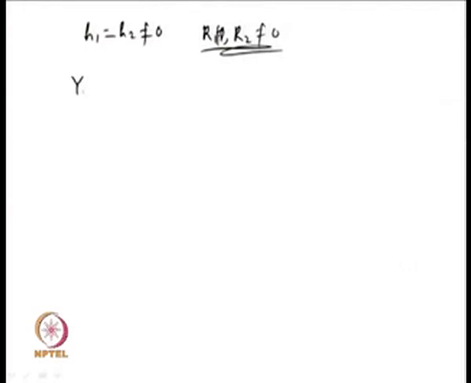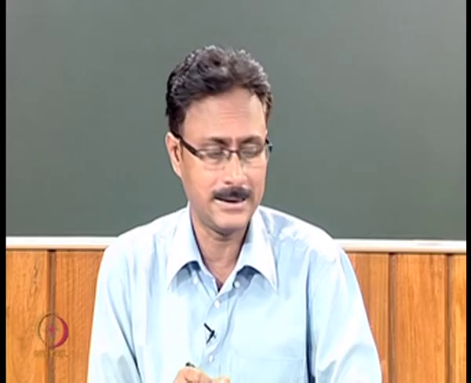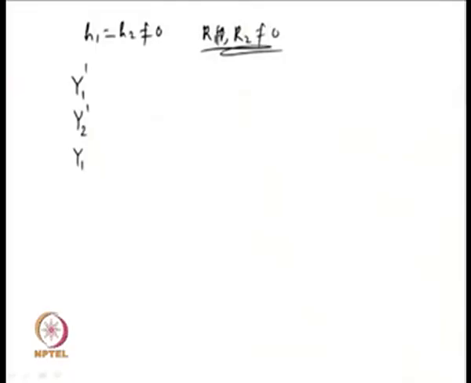Then the outputs Y1 and Y2 at the first instant will be denoted by Y11, Y21, and similarly the outputs at the second instant, when the temporal input is given, are Y12 and Y22. When you put that in the matrix form, what do you get?